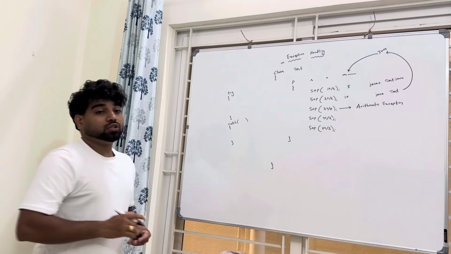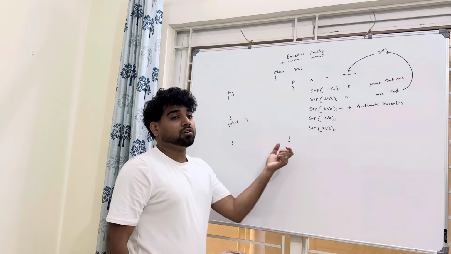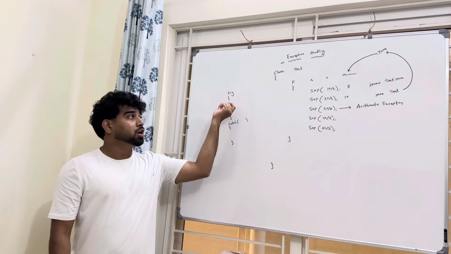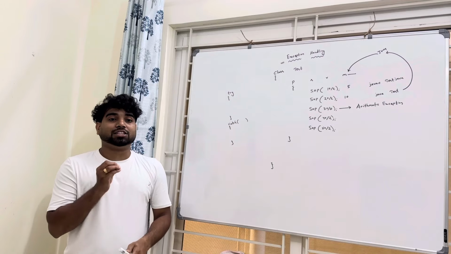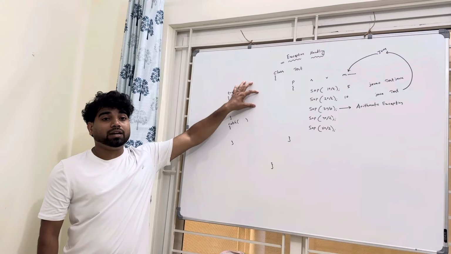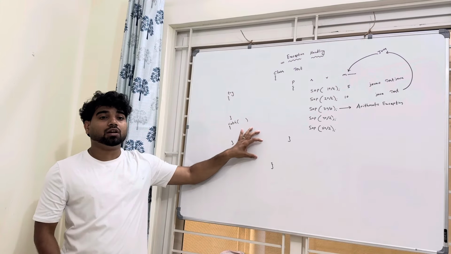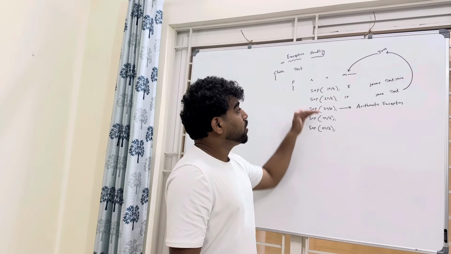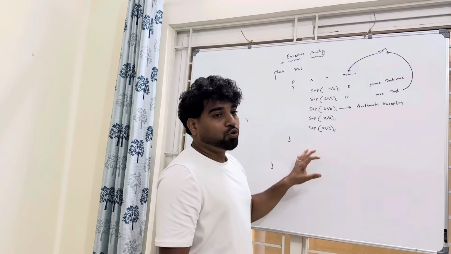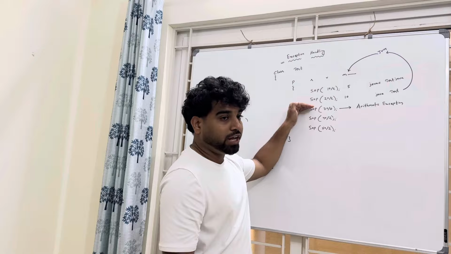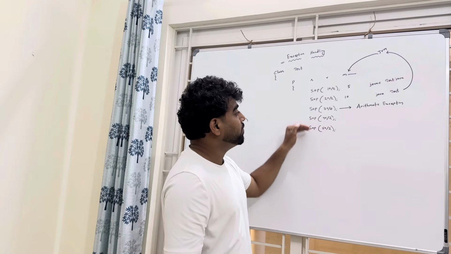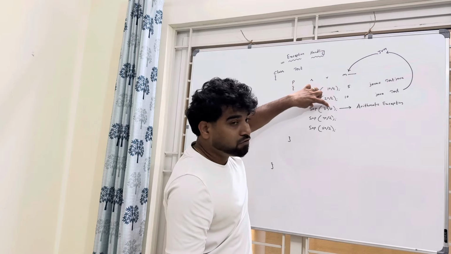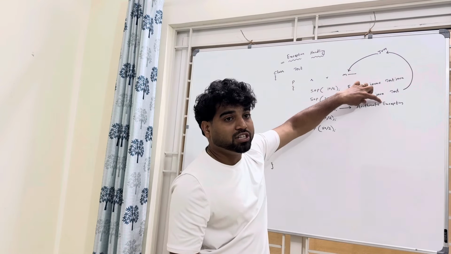So if any exception occurs, we handle that exception by using the try and catch block. What do we mean by try block and catch block? Let's try to understand with this example. In this program, this piece of code is causing the exception.